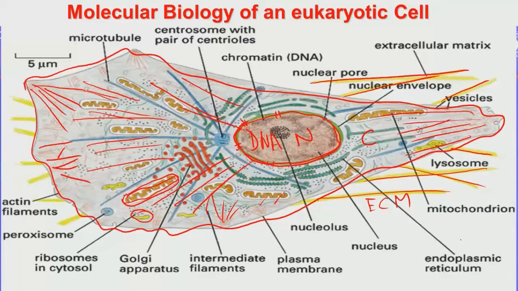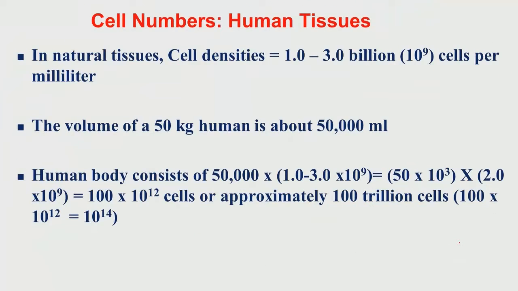Now, coming to the cell size, as I said, cells are typically 20 to 30 micron in size, and in natural tissues, like in an adult human, the cell density is typically 1 to 3 billion cells per milliliter. Now, if you consider a normal healthy person weighing 50 kg, we will have around 50,000 milliliter of volume, and therefore that human body contains somewhere around 10 to the power 14 cells.